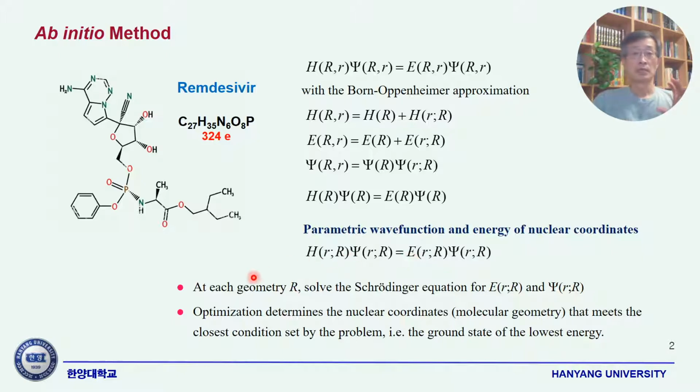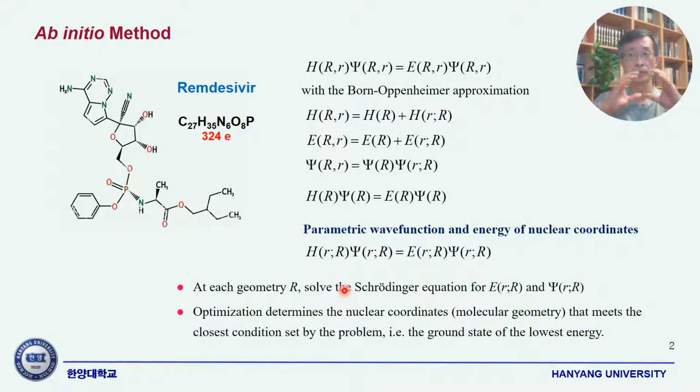So at each geometry, meaning that the nuclear Schrodinger equation is solved for fixed coordinates of the nuclei, and then we solve the Schrodinger equation for the electronic energy and electronic wave function, treating the nuclear coordinate as the parameter.